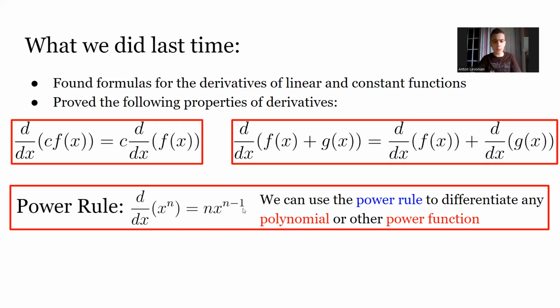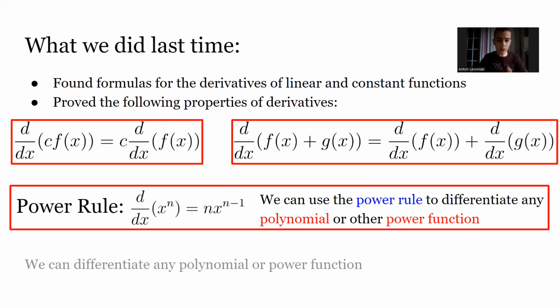This is called the power rule, and we can use it to differentiate. Differentiate just means to take the derivative of any polynomial or other power function. Using these three things, I talked about last time how we can differentiate any polynomial or power function at any point.